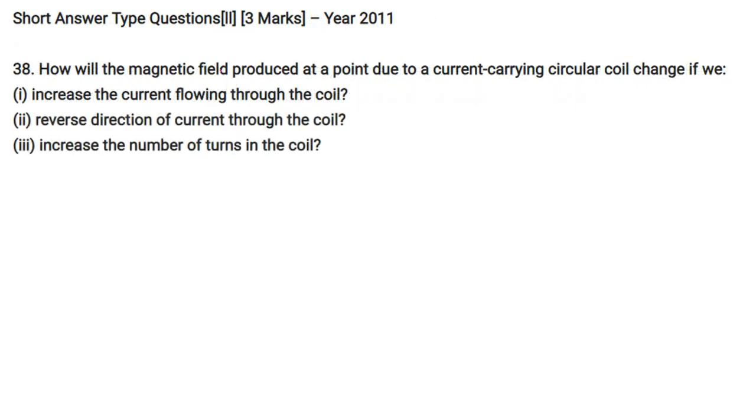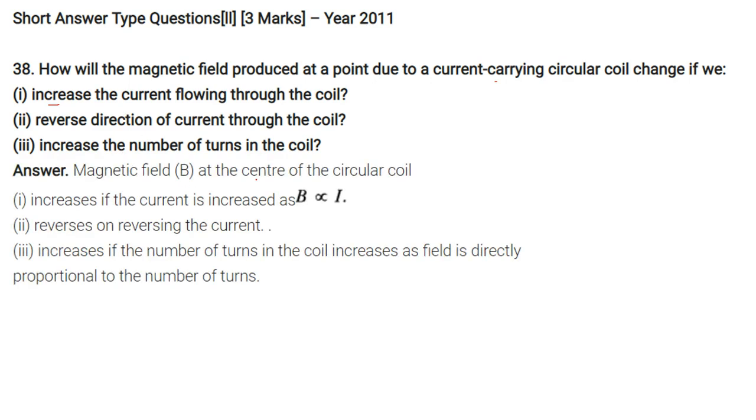How will the magnetic field produced at any point due to a current carrying circular coil change if we increase the current flowing through the coil? The magnetic field at the center of the circular coil increases, that is B is directly proportional to I. If you increase the current flowing through the coil, the magnetic field would increase.